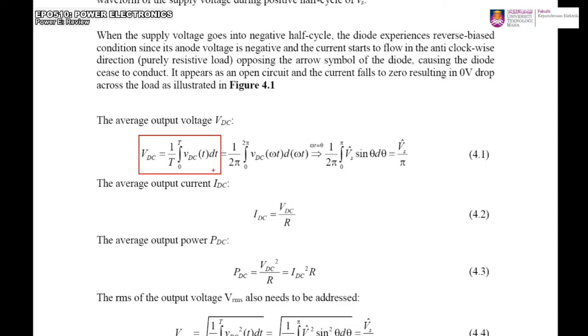To get the average value, you must integrate from 0 to T, the whole cycle, the function of the waveform, and then divide by T, the total period, one cycle. Then it's convenient to change to radians, therefore one cycle equals 2 pi: the integral from 0 to 2 pi of VDC(theta) d theta, and then you get this equation for the output voltage.